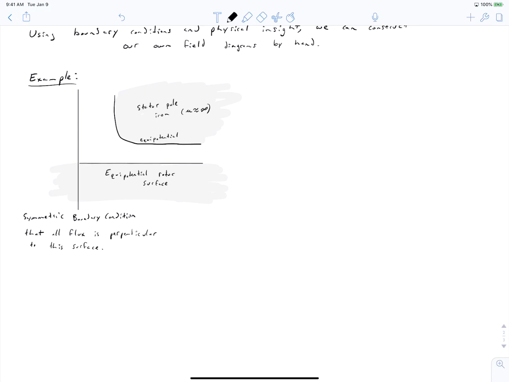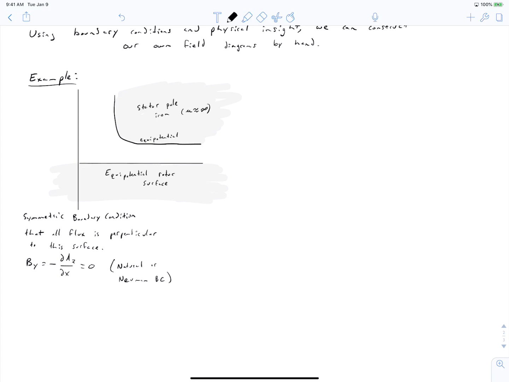And we accomplish this by putting a condition on the derivative of our vector potential. Because if you recall, By is equal to the partial derivative of our vector potential with respect to x. And we want to make that 0. And this boundary condition was called the natural boundary condition. And by doing this, we effectively create an equipotential surface.